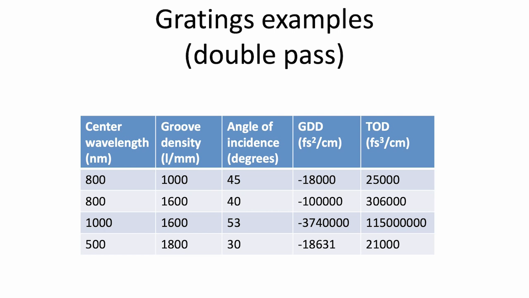And you can see the group delay dispersions in femtosecond squared per centimeter, that is, you have to multiply this by the distance between the gratings. And you can see these numbers are huge. From tens of thousands per centimeter, imagine you place your gratings 10 centimeters away, and you're getting numbers of the order of 10 to the 5 to 10 to the 7 femtoseconds squared.